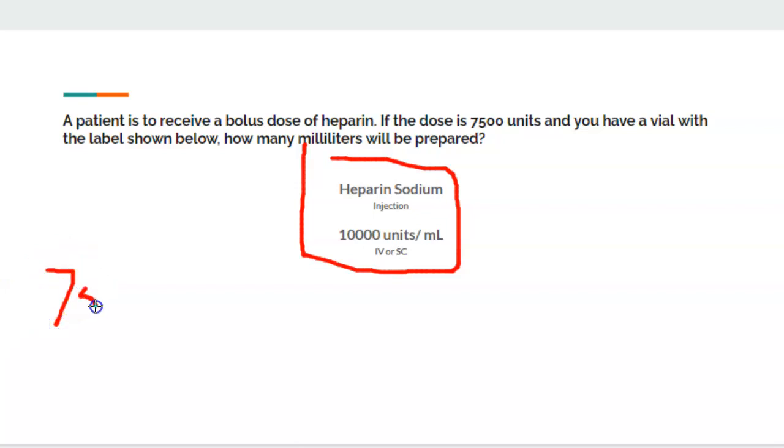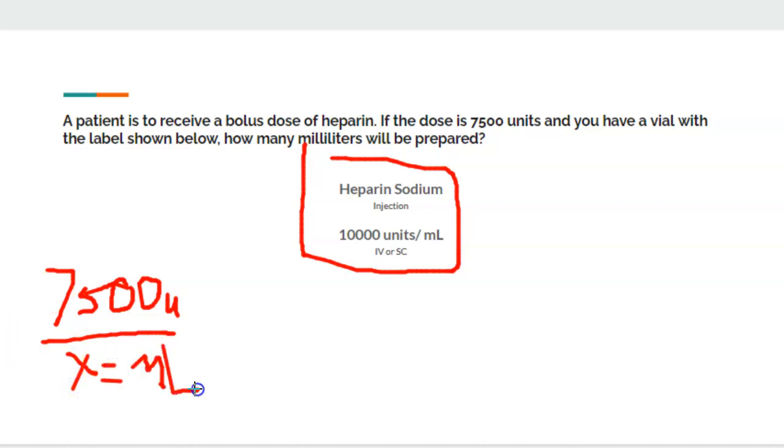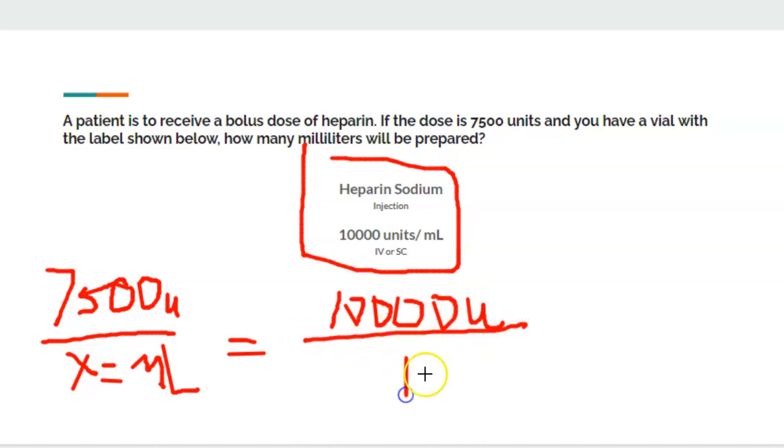So we have 7,500 units, and we are putting that over X milliliters because we don't know. And we're going to set that equal to 10,000 units divided by 1 milliliter.